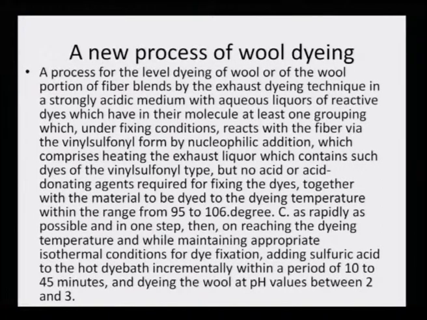Some sulfuric acid must also be added, and that too incrementally. It should not be added in one go. Between 10 minutes to 45 minutes, this addition of sulfuric acid must be done, so that the dye bath pH is maintained between 2 to 3. Then it is just the ideal situation for dyeing wool with synthetic dyes.